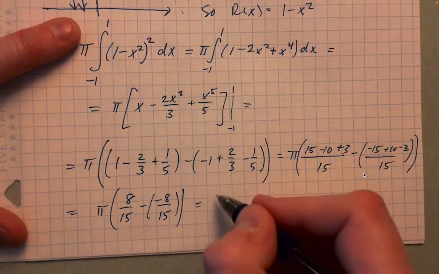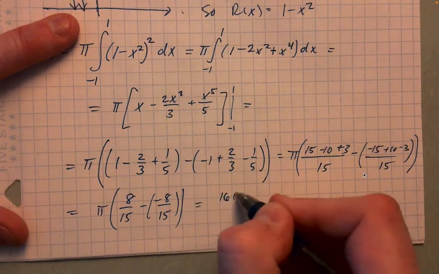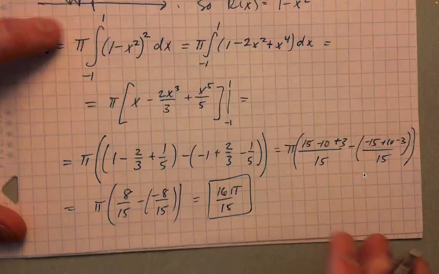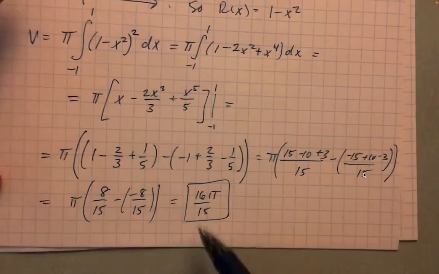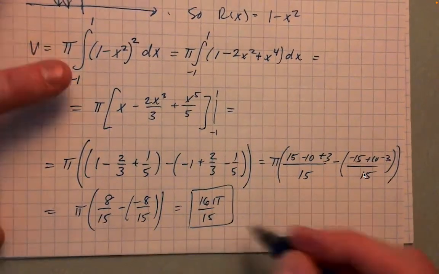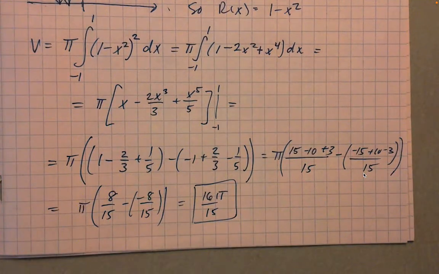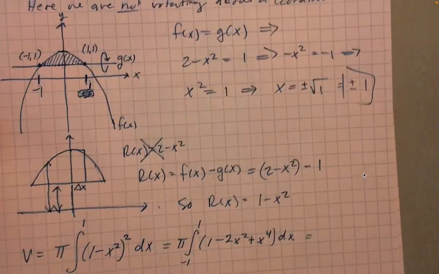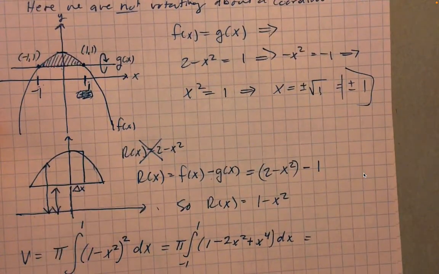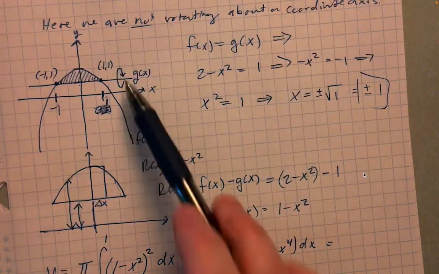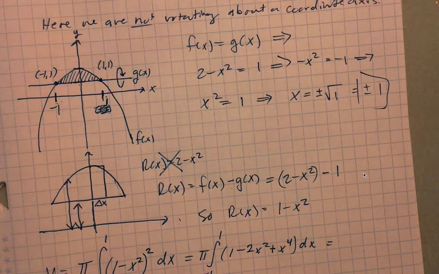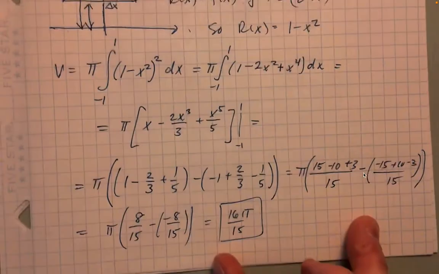And so what do we get? 16 pi over 15. Okay, so you got the pi in there. You could plug this into a calculator and get a decimal approximation here. But that's the idea, right? And so this is a more complicated example, but you can see that it follows all of the ideas that we initially laid out.